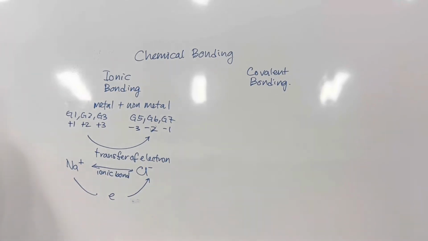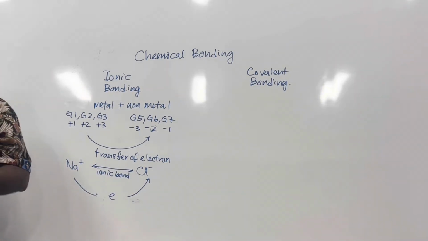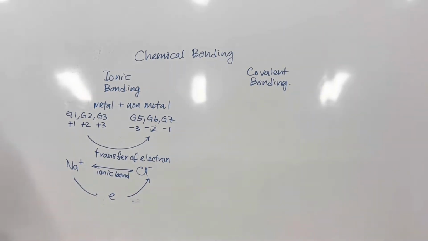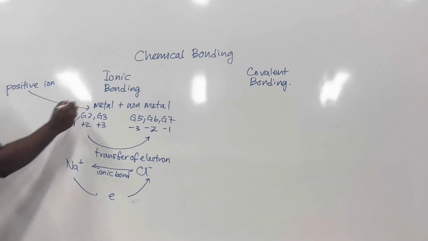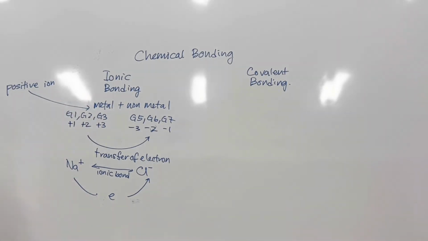It's a bond between ions. And related to ions, you need to understand that positive ions, which are formed by metals, are also known as cations. Cation or anion? Positive ion, cation. Why?